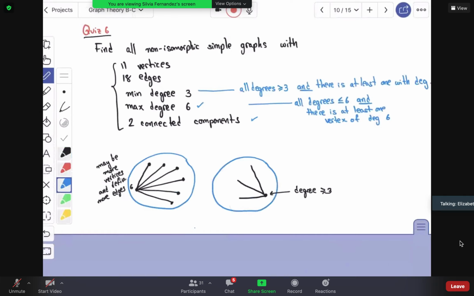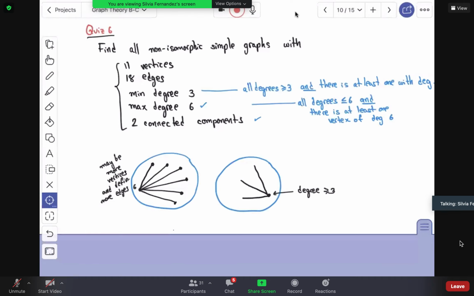Oh, okay. But we still have to take into consideration the 18 edges, right? Yes, we haven't finished. It was just pretty confusing how to go about it. Okay, so let's continue.